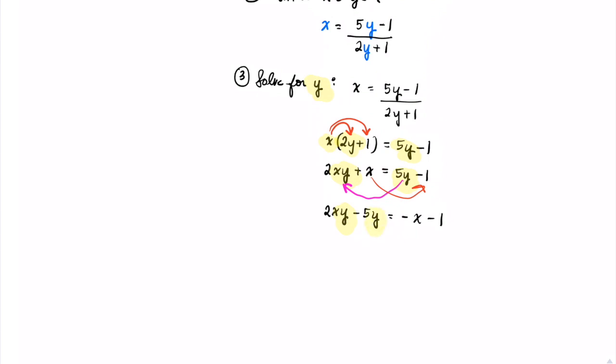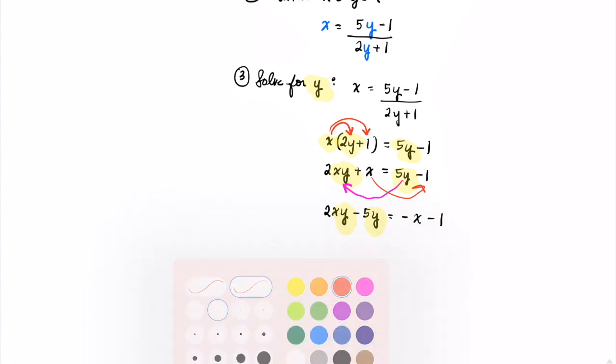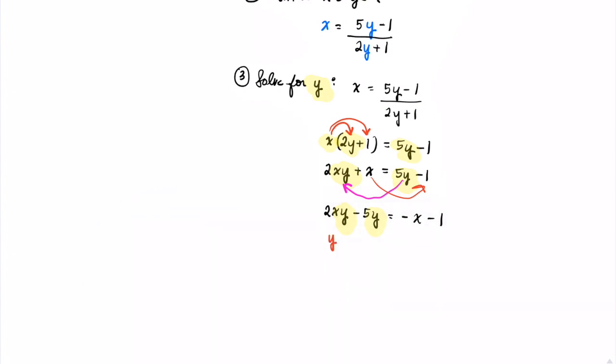We want to solve for y. So let's factor out a y from each term on the left side and get y times 2x minus 5 equal to negative x minus 1. Keep your eye on the prize, so we'll divide each side by 2x minus 5.